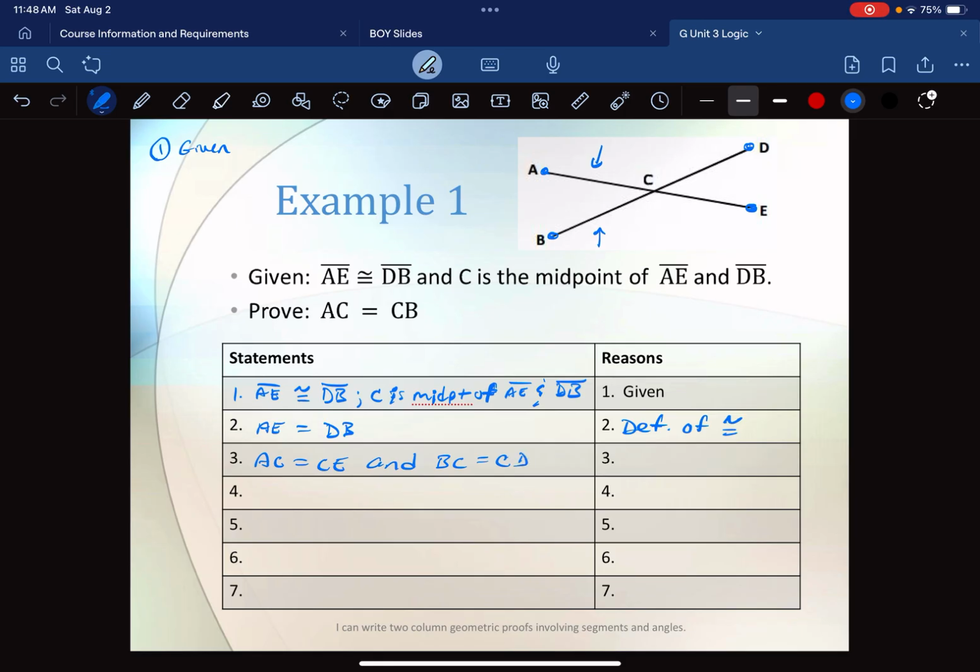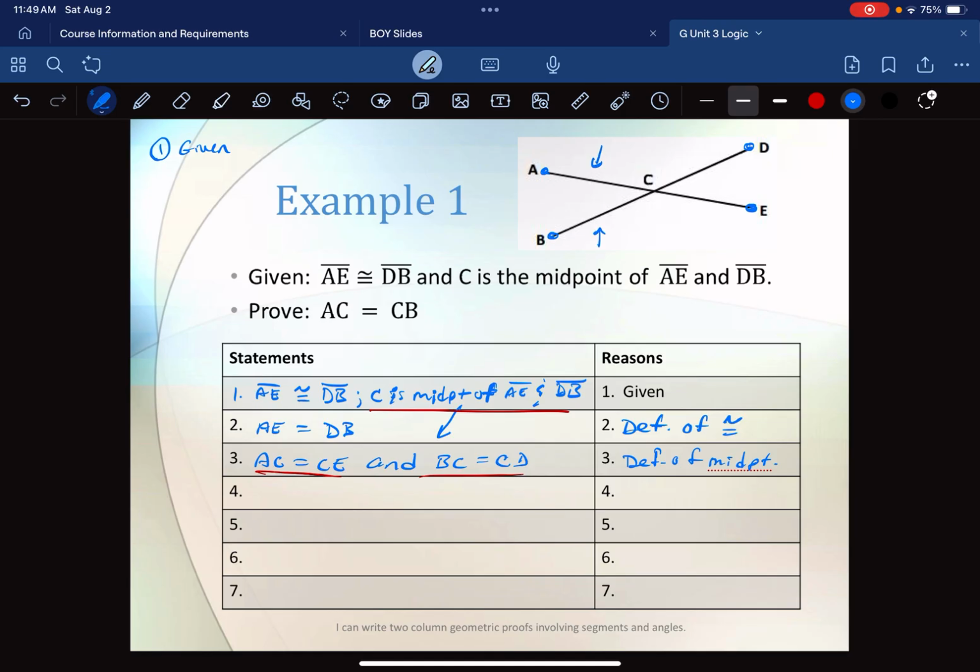And the reason I wrote that is because they told me right here that C was the midpoint. So I can make this conclusion now. So from this statement right here, I'm drawing this next statement, which is the conclusion of what a midpoint is. So my reason for that is by definition of a midpoint.